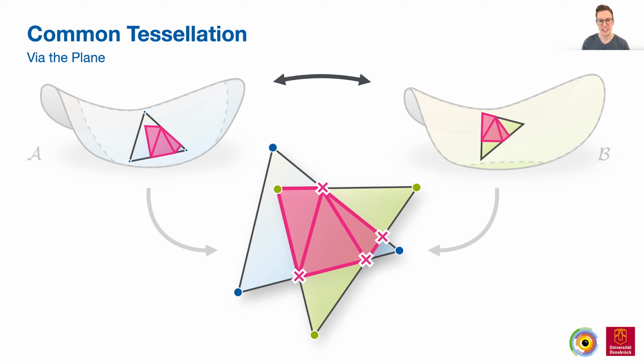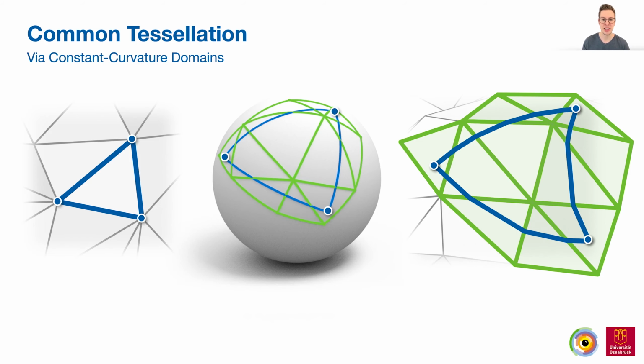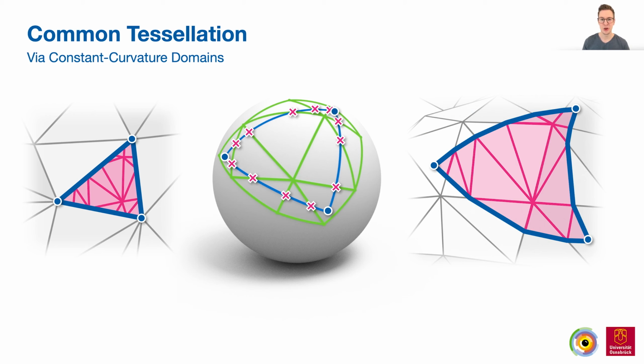In other map representations, for example via constant curvature domains, we can follow the same idea. We compute an overlay mesh by intersecting the edges of both meshes, now in the constant curvature domain, that is, on the sphere or in a hyperbolic model. And we then lift the common triangulation to both meshes.